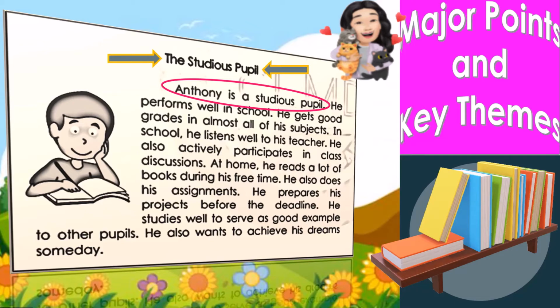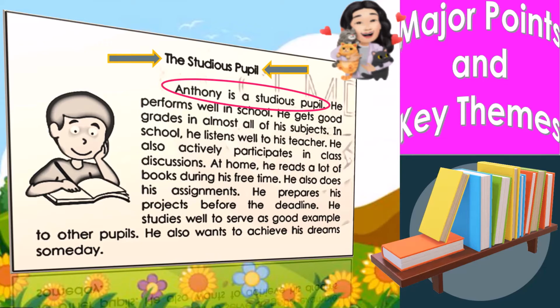And at home, he reads a lot of books during his free time. He also does his assignments, and he prepares his projects before the deadline. He studies well to serve as a good example to other pupils, and he also wants to achieve his dreams someday.